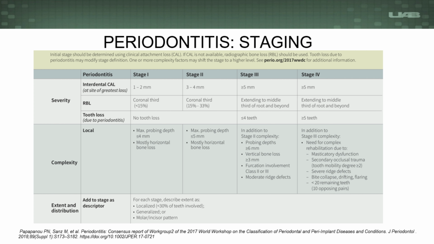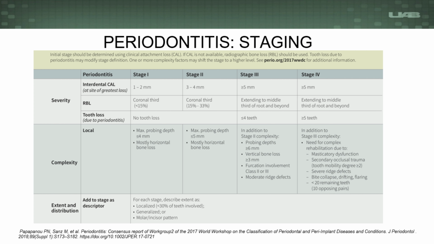The complexities now are still horizontal bone loss. Our probing depths are a little bit deeper, approximately 5 or less. And again, if treated with definitive non-surgical therapy, these complexities can be managed like this.